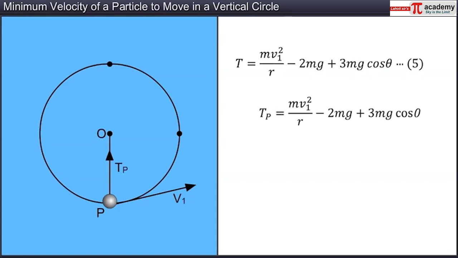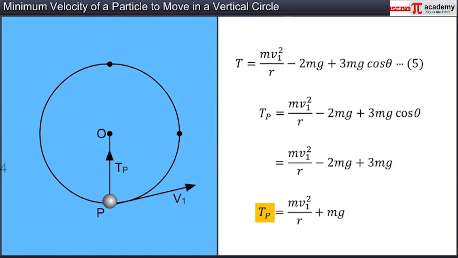By substituting these values in equation 5, we get Tp is equal to M multiplied by V1 square upon R plus mg. Let this be equation 6.